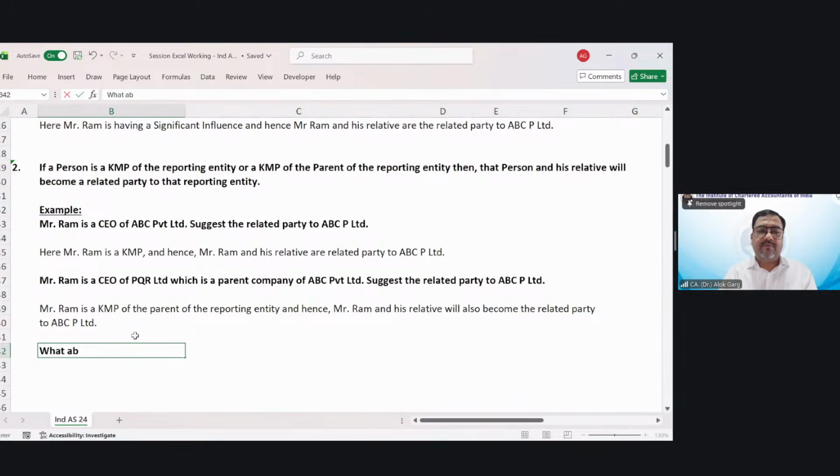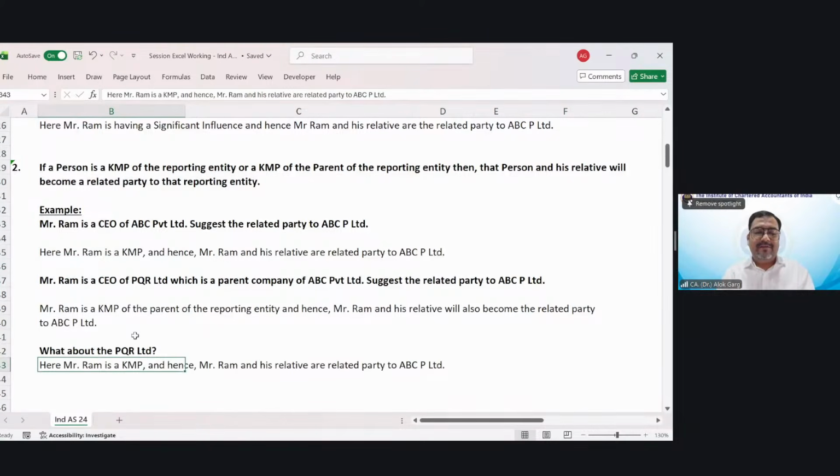What about the PQR Limited? PQR Limited के केस में क्या होगा? In PQR Limited, Mr. Ram is a KMP. Here, Mr. Ram is a KMP of PQR Limited, and hence Mr. Ram and his relative are related party of PQR Limited.